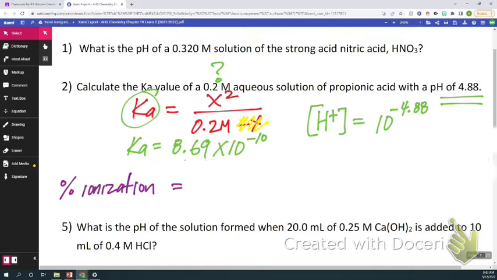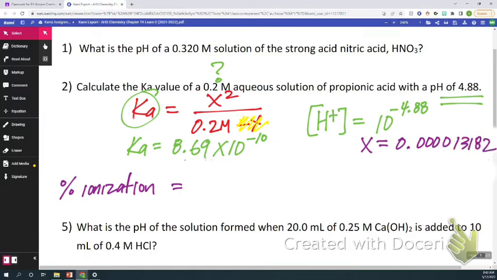And that equals how much of x, right? Which I lost because I was just plugging everything in the calculator. So x, which is H plus, is equal to 0.000013182.